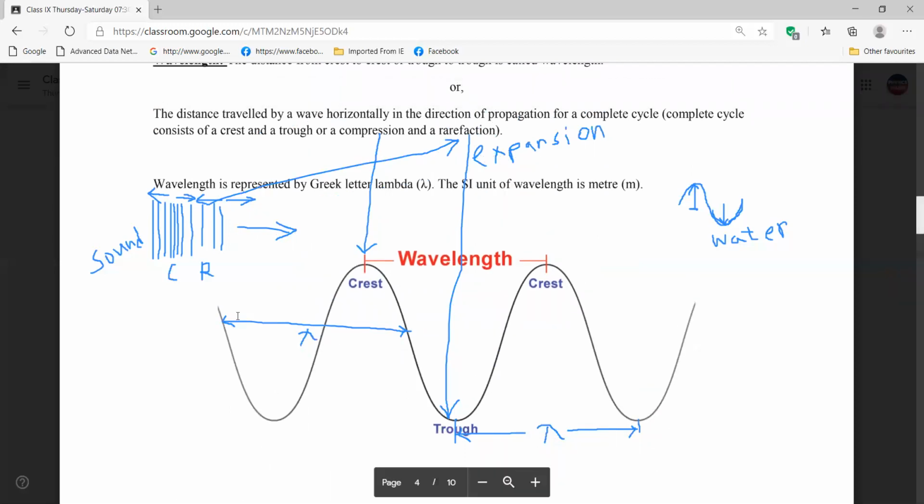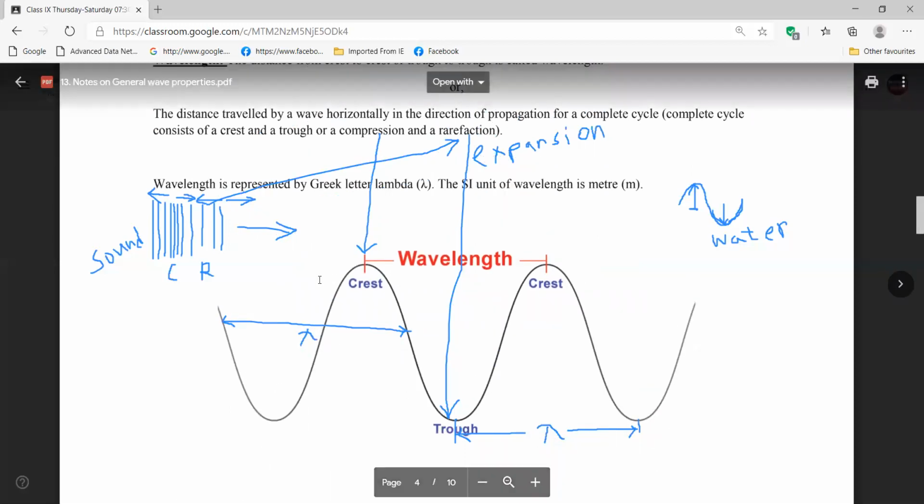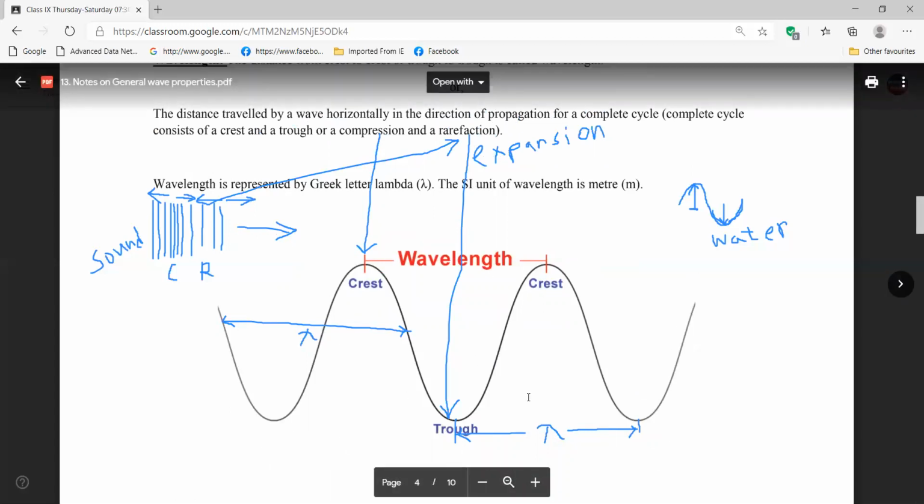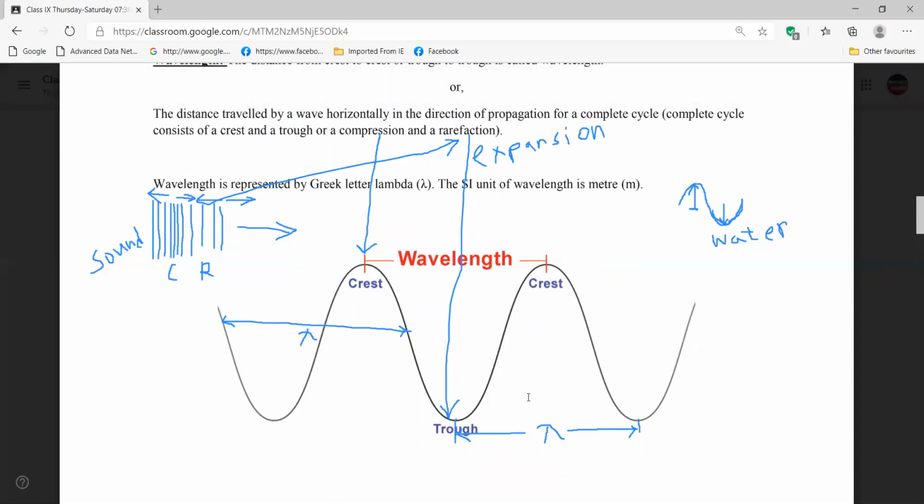Take this diagram as a reference. From here you draw so that you are getting 2 crests and 3 troughs, the way it's given in the notes. Then you label crest and trough, and the distance between 2 crests and 2 troughs.